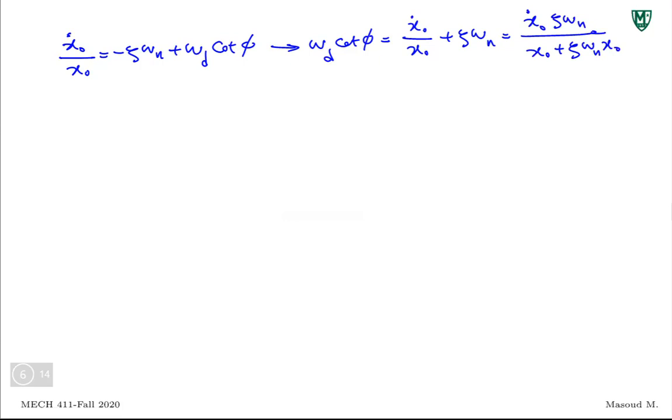Multiply that. Oh, why did I do it the other way? I don't know why I do it the opposite way. I guess I have in mind what is happening next. So this becomes the fraction: x naught dot plus zeta omega n x naught.